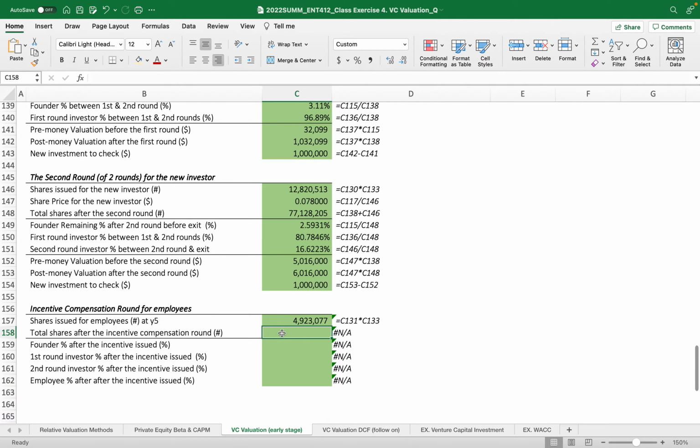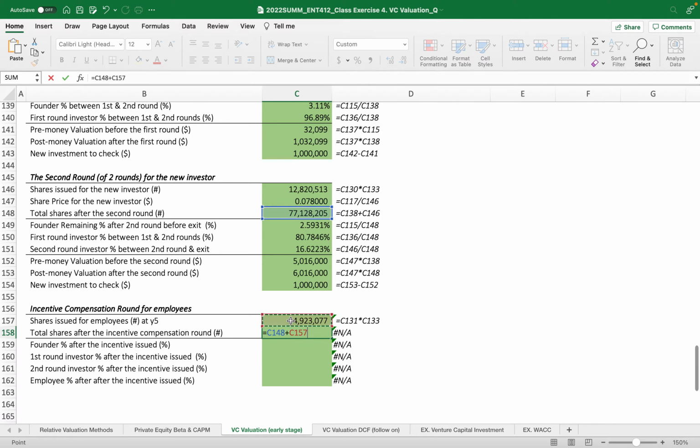For the incentive compensation. Total shares after the incentive compensation round, we do not calculate the investment because again, $200,000, the stock option cash proceed is melted into these projections. So we do not calculate the stock price per share in this case.